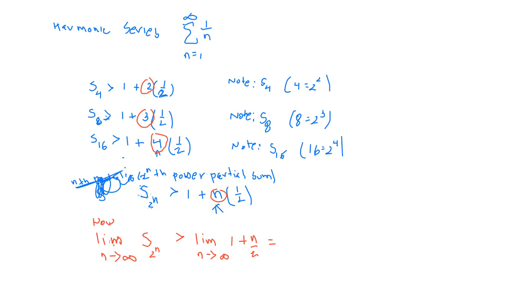So based on what we established there, the limit of the 2 to the nth power partial sum, as n goes to infinity, would have to be greater than the limit of 1 plus n over 2 as n goes to infinity. That equals infinity.